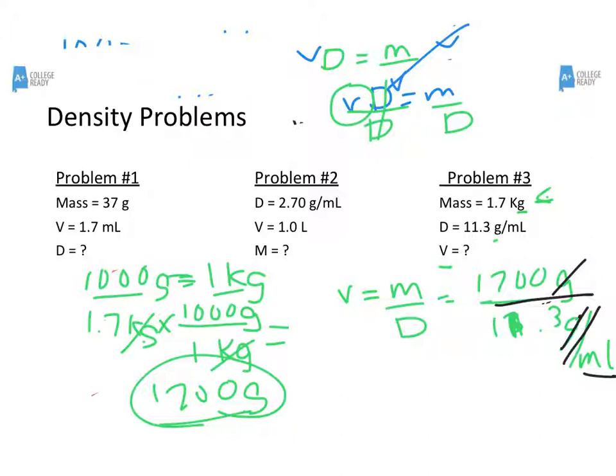Therefore, the mLs are going to come up to the top, and our unit on our volume is going to be milliliters. So when I divide 11.3 into 1,700, I get 150 mLs. My mass has 2 sig figs. That's my least certain measurement. I report out to 2 sig figs, and that is my answer.